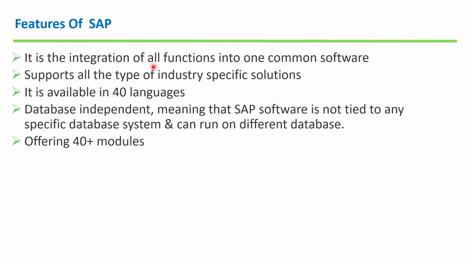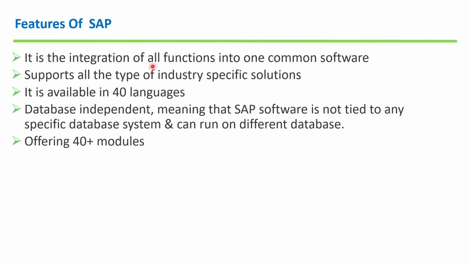So we can place an order, place a sales order, create an invoice order, create a delivery note, and create a material. We do all of these things in a single system, that is SAP, because it is the integration of all the functions.